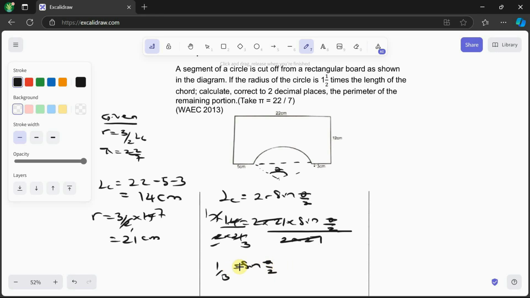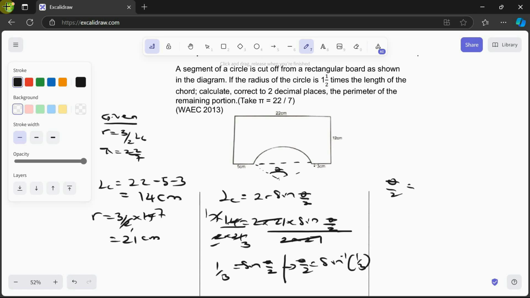So for me to find θ/2, I know we've not reached this before, but if you have done anything about trigonometry, you know that θ/2 will be equal to the sine inverse of 1/3. So θ/2, if you do sine inverse of 1/3, what would that give you? To do sine inverse on your calculator, you press shift and press the sine to give the sine inverse, and then you put the 1/3 in brackets.